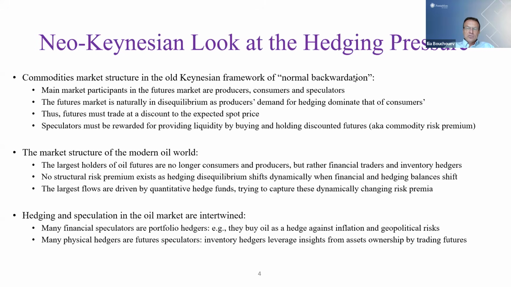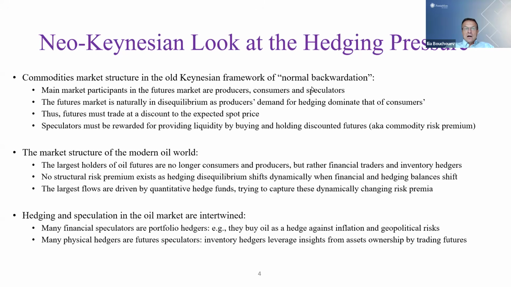However, Keynes used that concept mostly for agricultural markets because oil markets didn't really exist back then, or oil futures. So the agricultural markets were a lot simpler back in the days than the oil markets are today. So in the traditional old Keynesian framework, there were three main market participants: producers, consumers, and speculators.